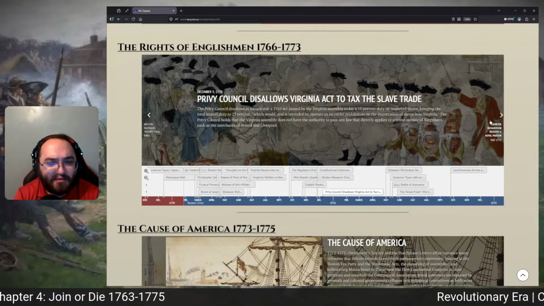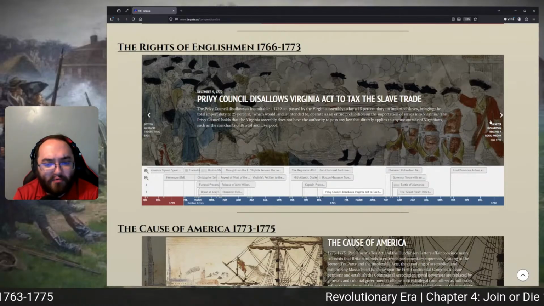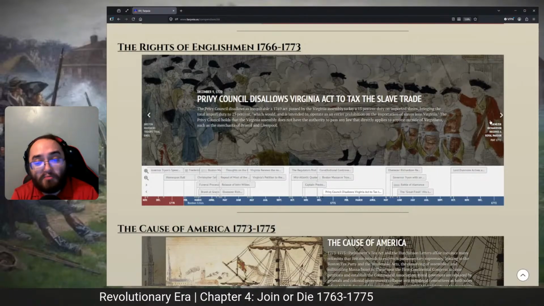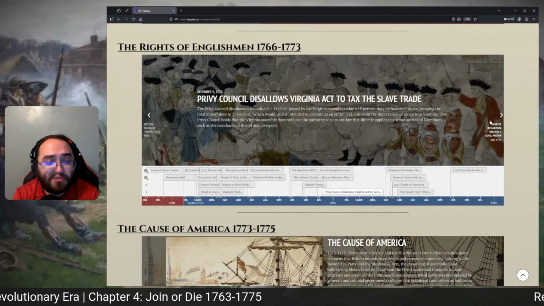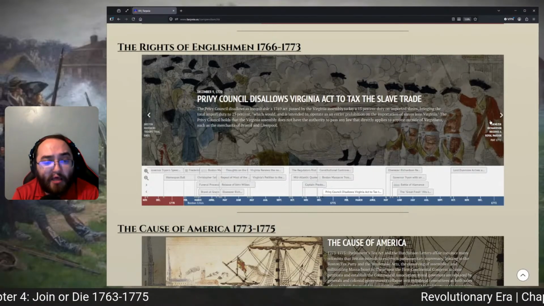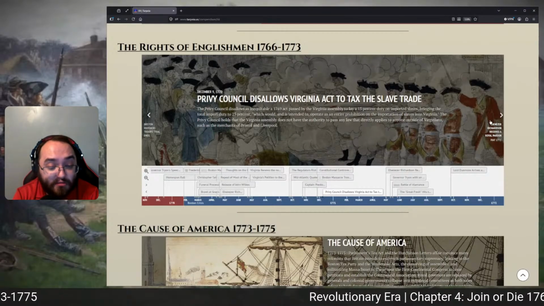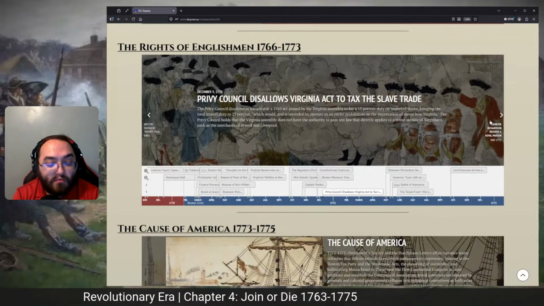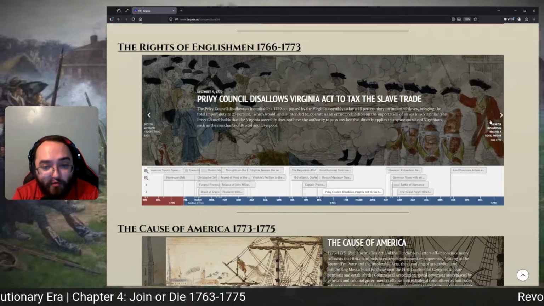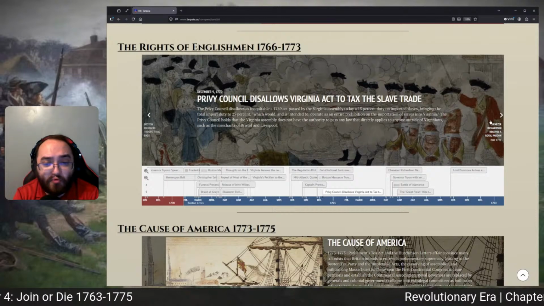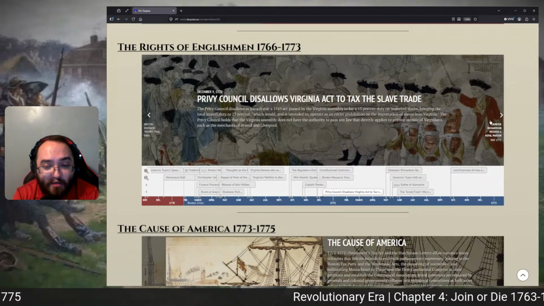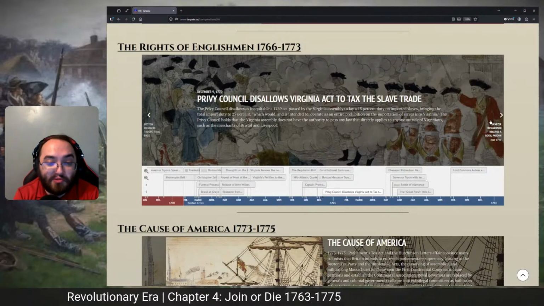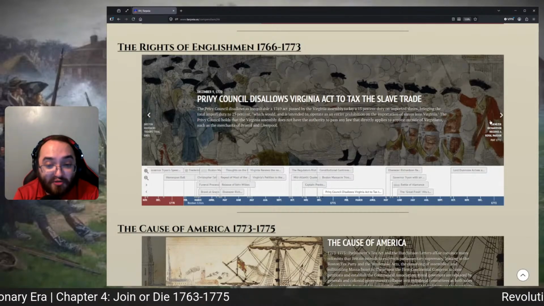And this is an example of that, where Virginia, a colony, was trying to really prohibit the importation of slaves, and Parliament and the king, since Parliament and king are connected, will disallow Virginia to enforce this act, which means Parliament is forcing Virginia to accept the slave trade.